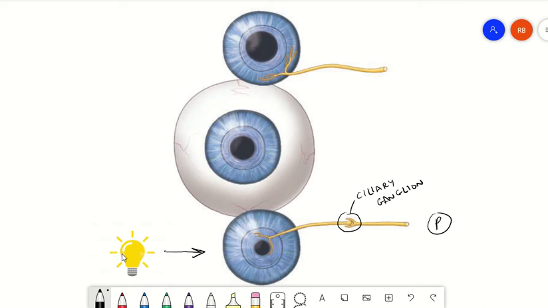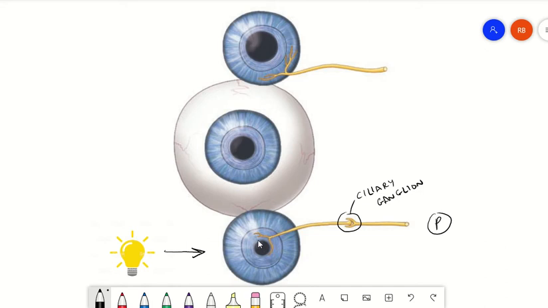Both those nuclei are going to be stimulated from the pretectal nucleus, and that's going to stimulate the efferent pathway, and then eventually we're going to get a constriction because the ciliary ganglion parasympathetic pathway innervates the circular muscle, the sphincter pupillae, and that's these inner circular fibers.